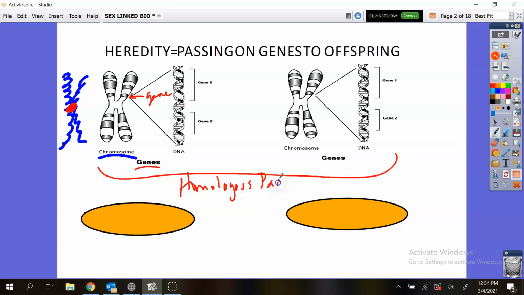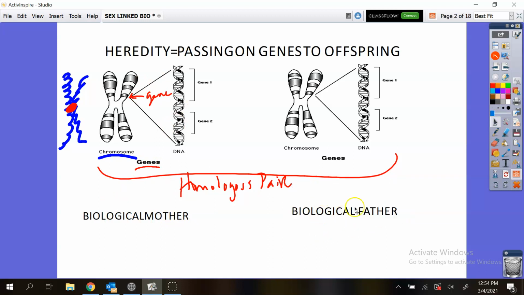So you know that you don't just get 100% of your mother's or your father's genes, right? You get about 50% of each. So if we look here, this would be the biological mother's chromosome, let's say, and here would be the biological father's chromosome. This would be the gene for, like I said, the trait for earlobes, and so would this one.